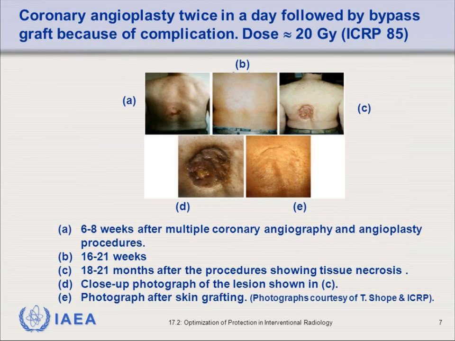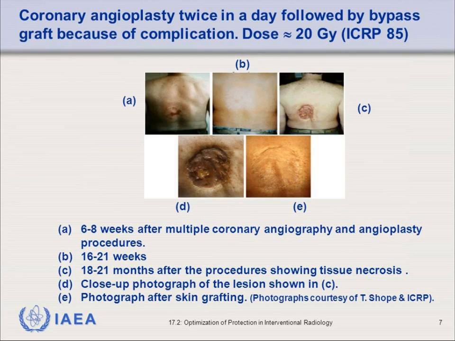Okay, here we have a coronary angioplasty done twice in a day, followed by a bypass graft. Because of complications, the dose was equal to 20 gray, according to ICRP 85. We can see here the effect of radiation.